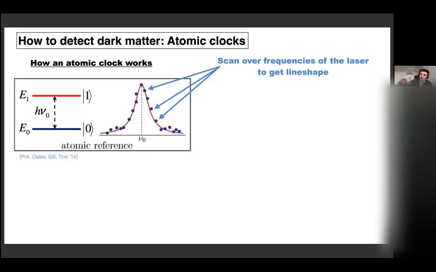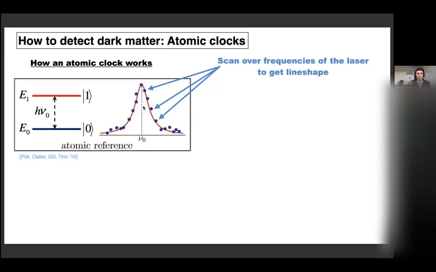Then you scan through the different frequencies that this laser can have. These are the tiny blue dots on the curve. After scanning through various frequencies, you get some sort of point distribution, which you fit with a Gaussian or a Lorentzian or whatever distribution you like. This is called the line shape.